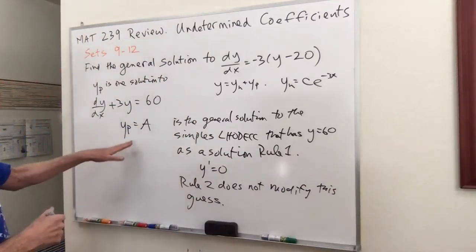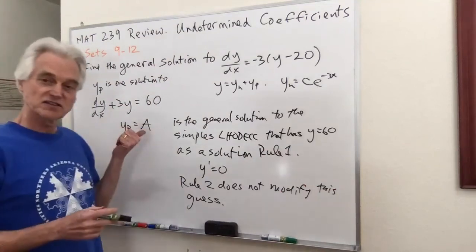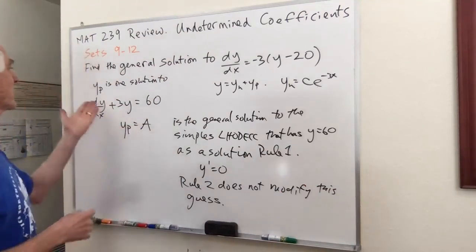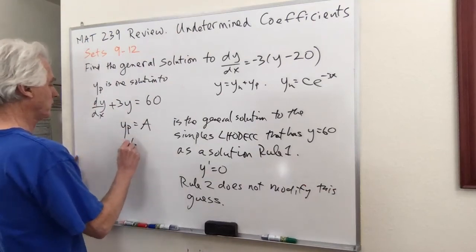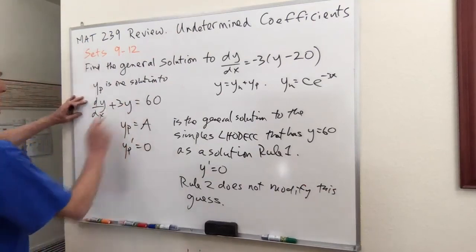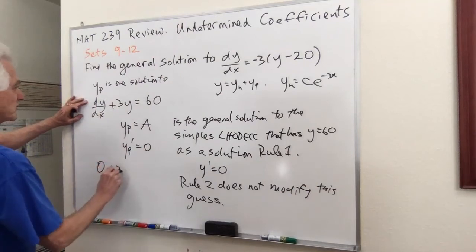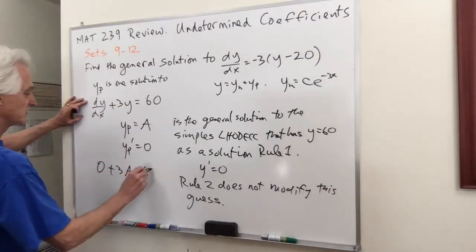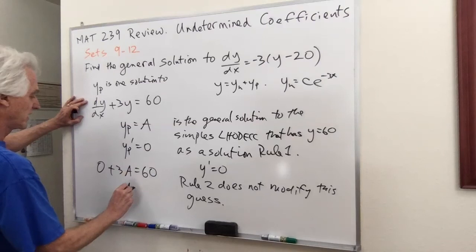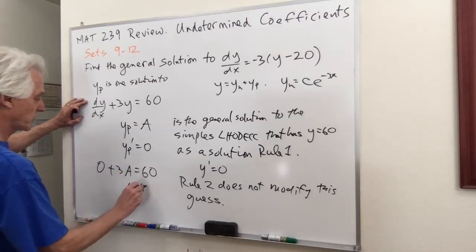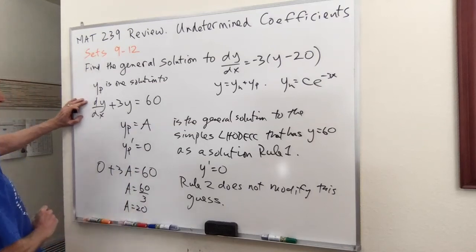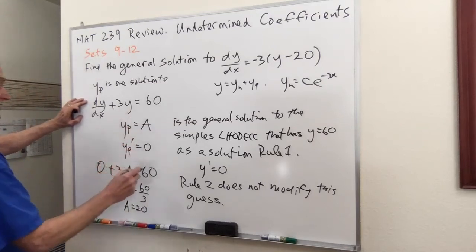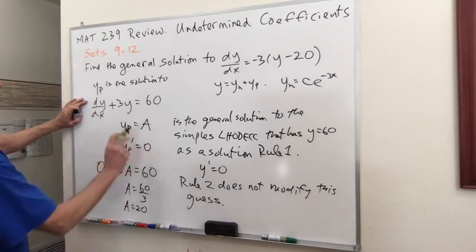So that's just the form of yp. We plug that into the ODE. yp prime is 0, so what we get is 0 plus 3a is 60. So a is 60 over 3. A is 20. So that means that yp is 20.